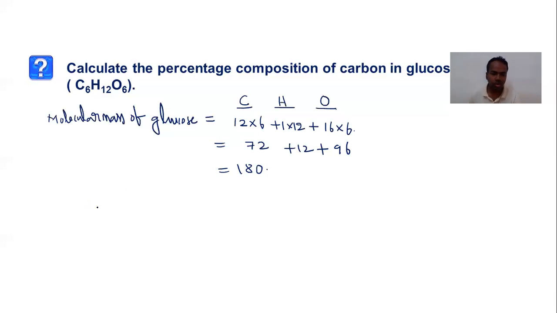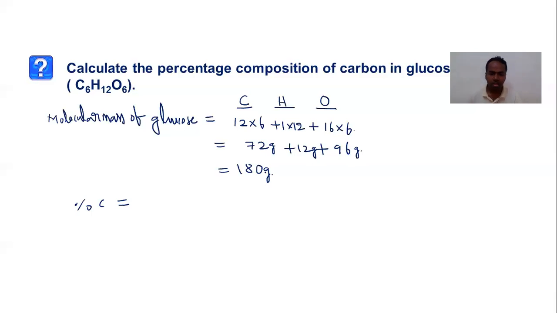Let us calculate the percentage carbon. Percentage carbon is equal to the total weight of carbon by total weight of compound into 100. Here 180 grams is the gram molecular mass. When you express the molecular mass in grams, that is called gram molecular mass. Out of 180 grams, 72 grams of carbon is there, 12 grams of hydrogen, and 96 grams of oxygen.